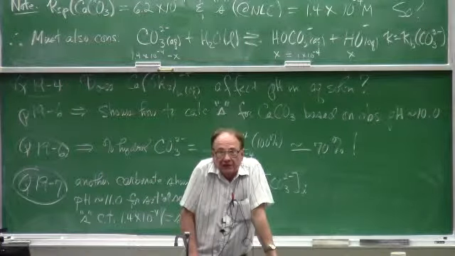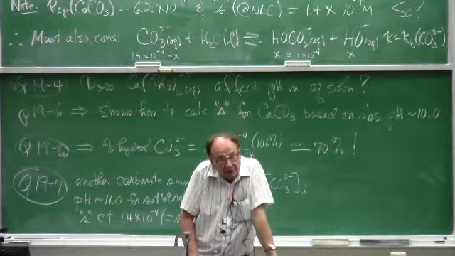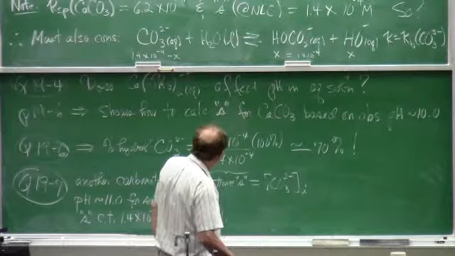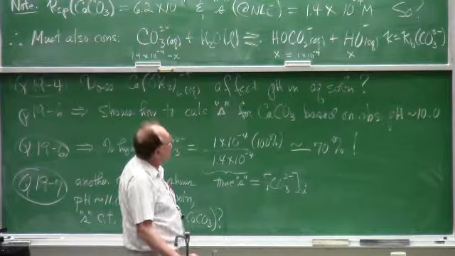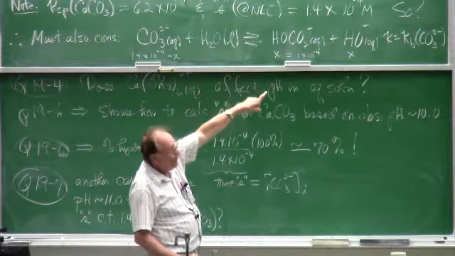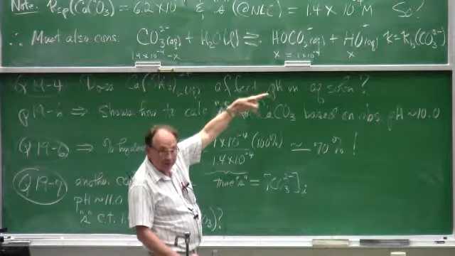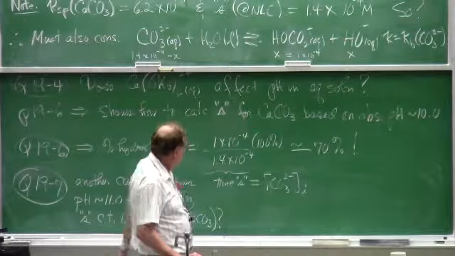So there's still 30% carbonate in there, but 70% of it went away. And it's going away, so to speak, to make, beside bicarb ion and hydroxide ion, accounts for the observed pH.